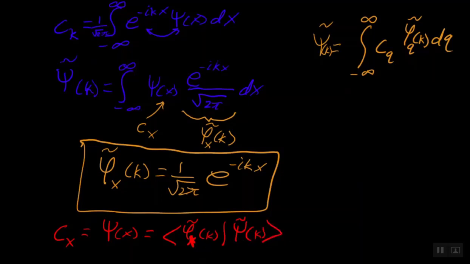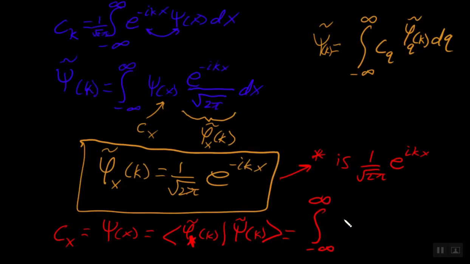We know this, this is just one of our postulates of quantum mechanics. If we do this integral from negative infinity to infinity, we take the complex conjugate, which is just going to be 1 over root 2 pi e to the ikx. We just did that before, the other way around.